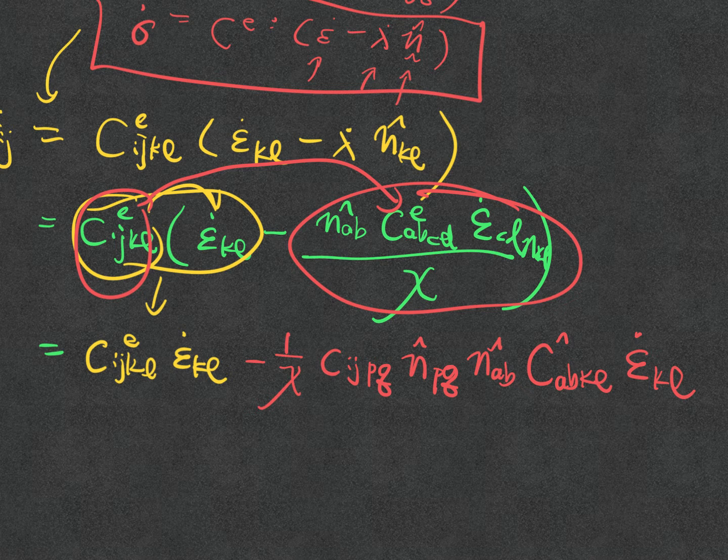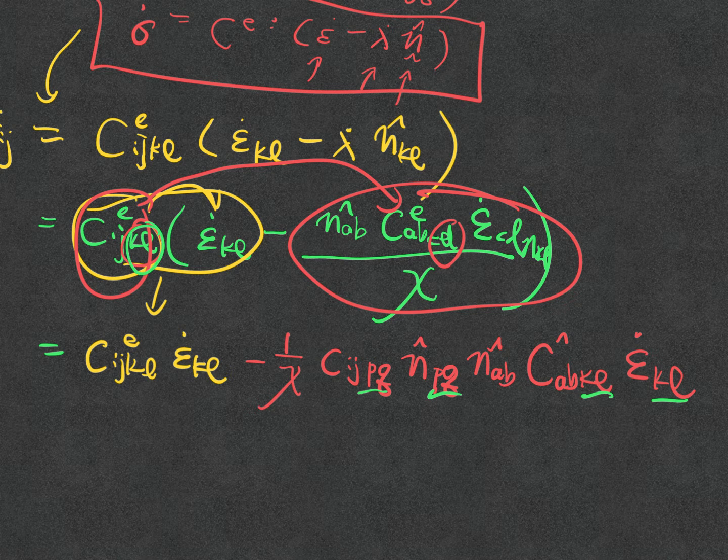Do you know why? What happened to that kl and then the CD here? Now I want you to pay attention to the two indices that I highlighted. One is PQ, another one is kl.